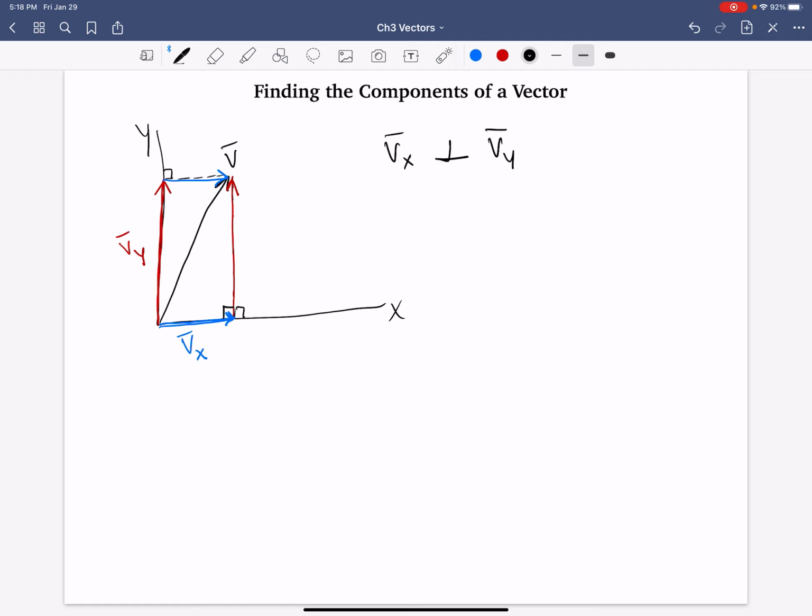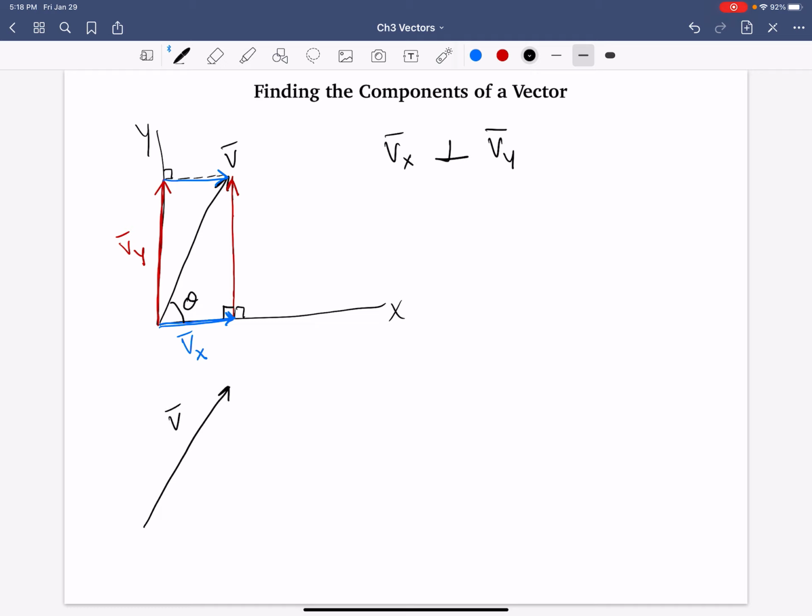Now, vector V was written at some angle. I just wrote it at random. It was at some angle theta with respect to the x-axis. So now let's write these components in terms of the angle. Let me write this again, translated down so we can have a better picture.